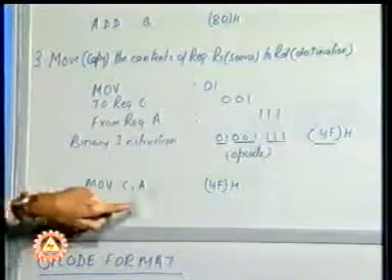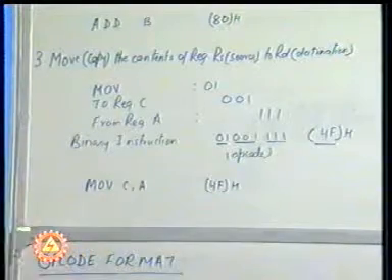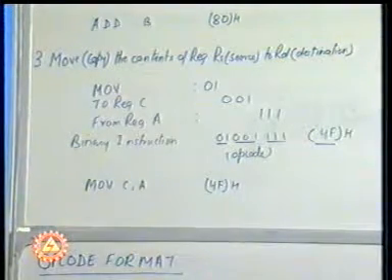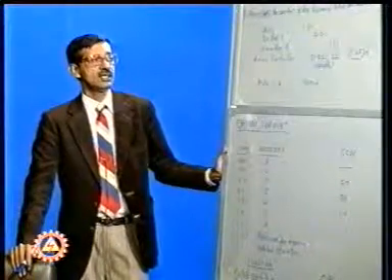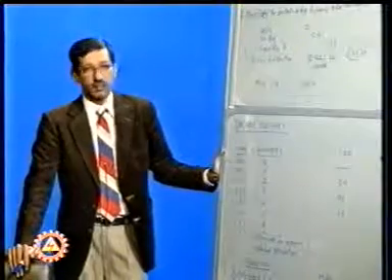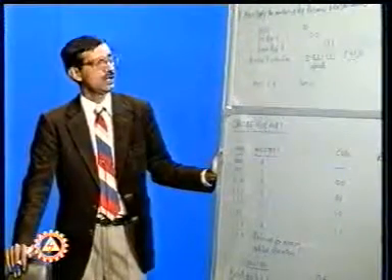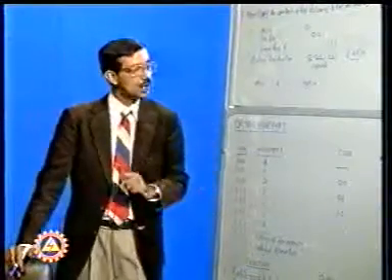In what we have written here, the move corresponds to the opcode, C and A correspond to the operand. So far we have seen 3 different types of instructions, that is 1 byte instruction, 2 byte instruction, and 3 byte instruction. These are the different types available to us.